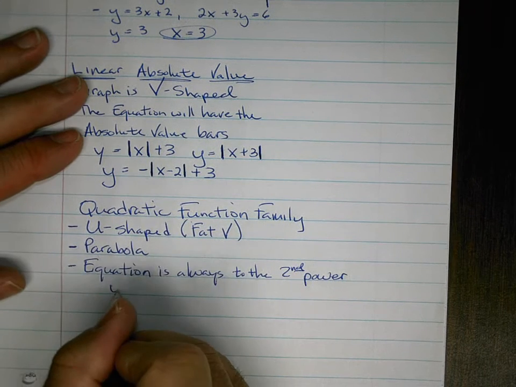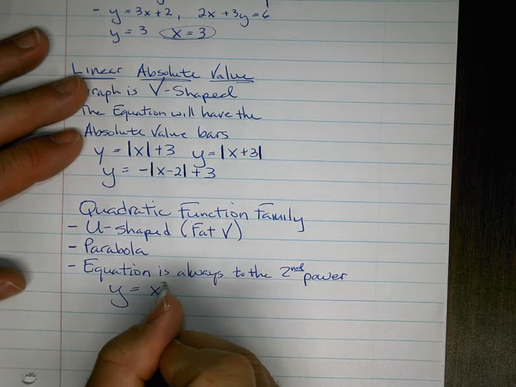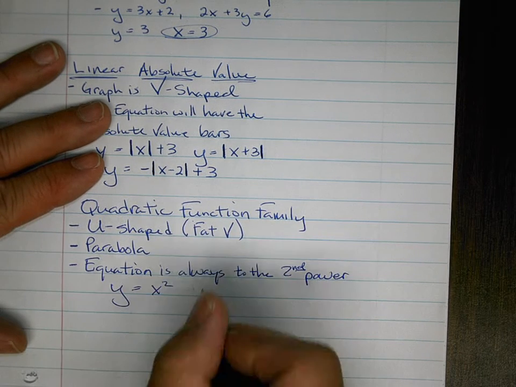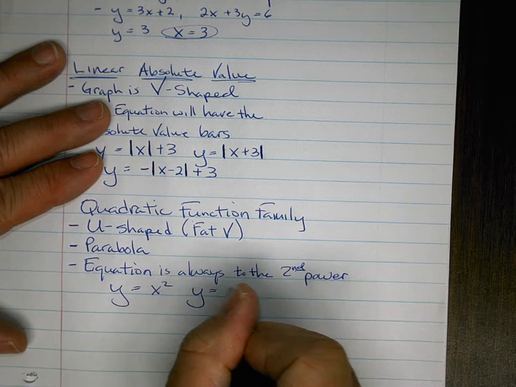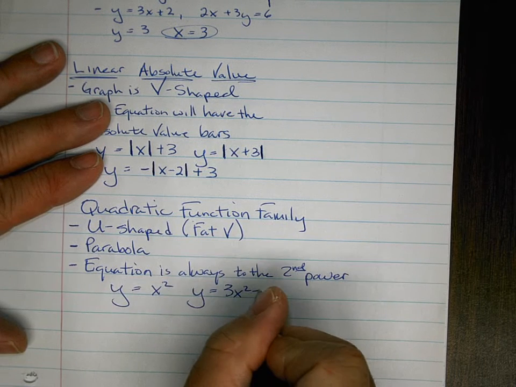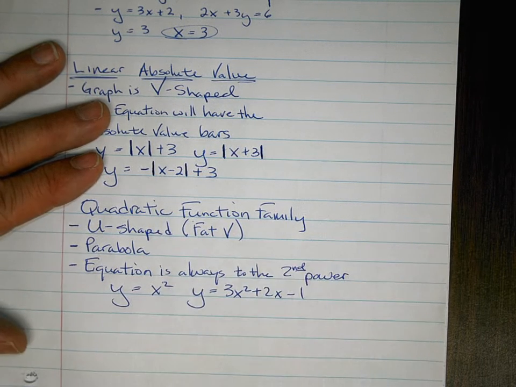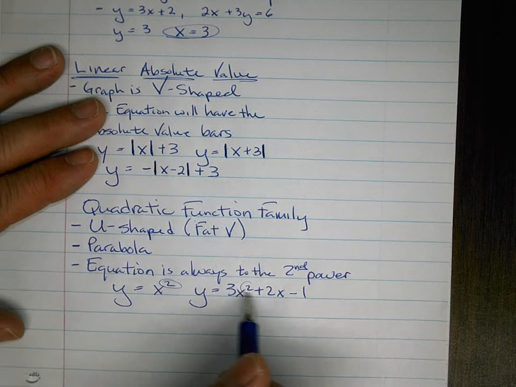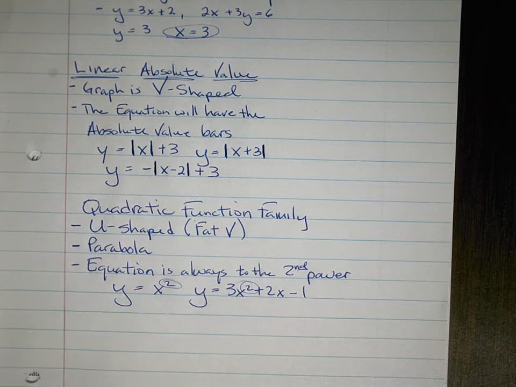Like y equals x squared. That's the most basic quadratic equation. Could be y equals 3x squared plus 2x minus 1. That's a quadratic equation. The key here is they're both to the second power, right? So quadratic equations will always be to the second power.